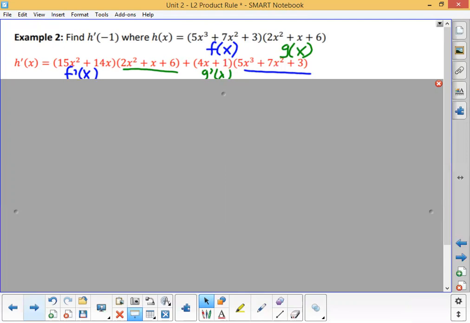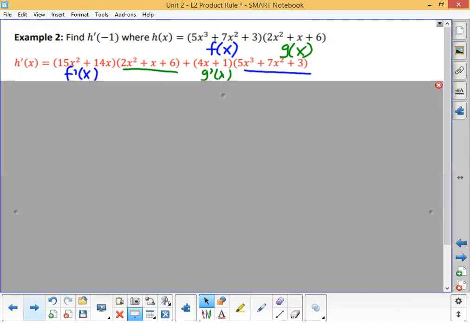Positive x turns into positive 1. If I had 4 terms and I was taking the derivative, it would be a trinomial. Here I have a trinomial, my derivative is a binomial. You'll see this pattern emerge as you are doing your questions.